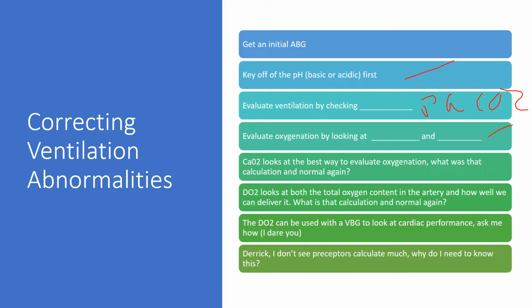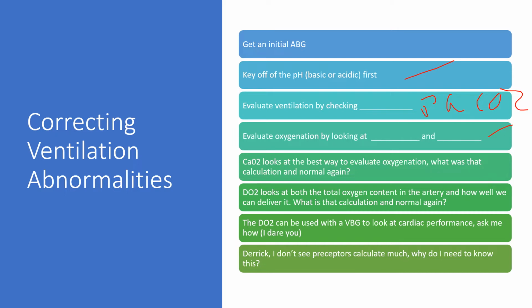And then PaO2 is the pressure of oxygen in your blood plasma. So it tells us about that pressure gradient, and if we're able to get enough pressure gradient to help with diffusion to the tissues. So both of those are important to evaluate, and we'll talk a little bit about the oxyhemoglobin dissociation curve in here.